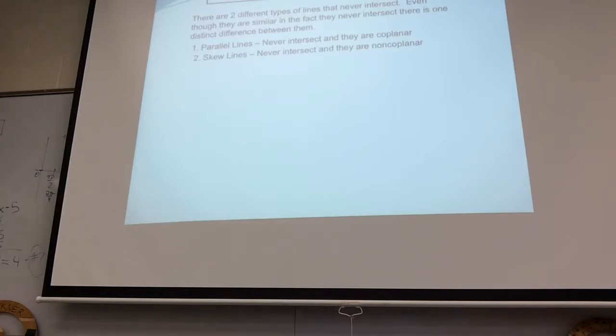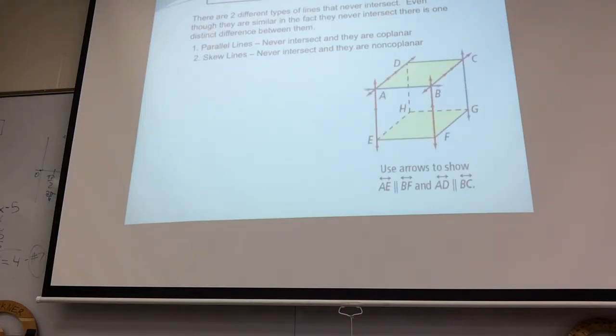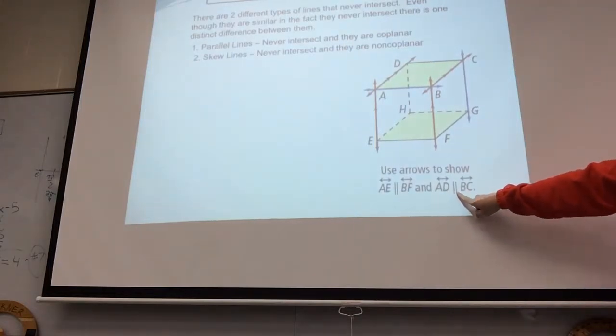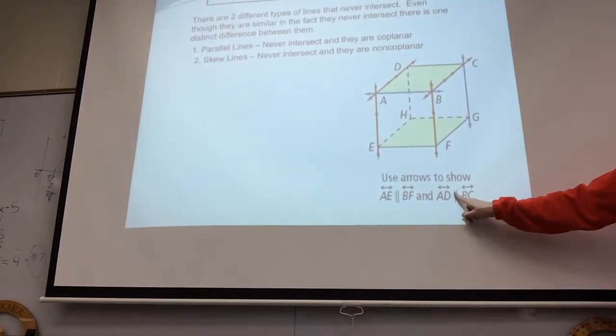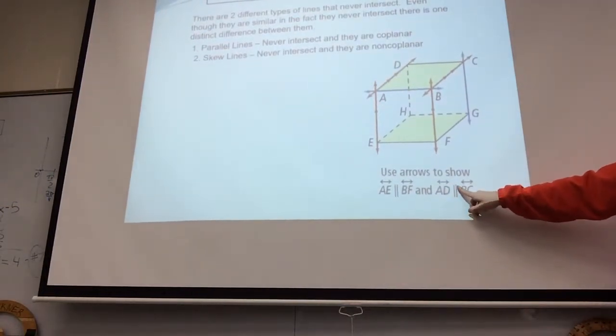For you guys testing this today, just in terms of a definition, I'll probably give you a kind of drawing like that, where it's almost like a box. And they would say maybe list a line that's parallel or a line that's skew. This little symbol right there, the double lines, that's just how you note parallel.